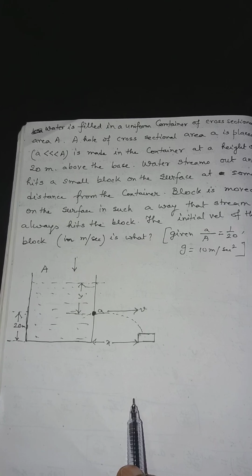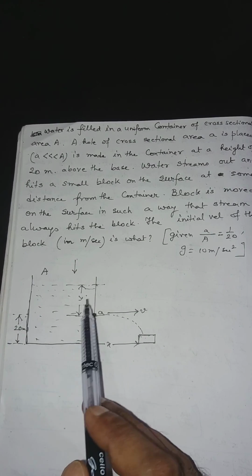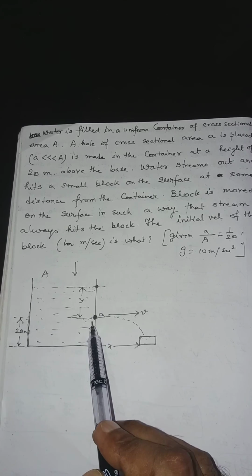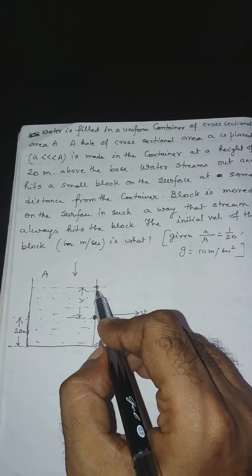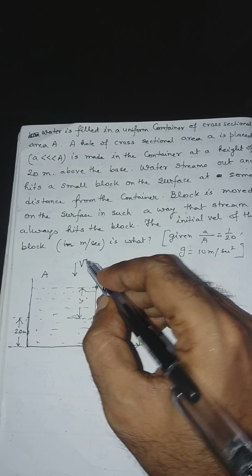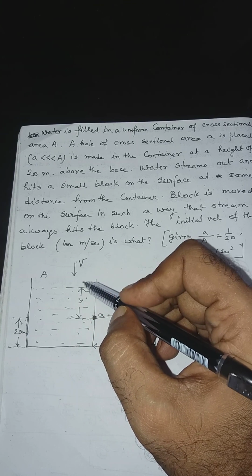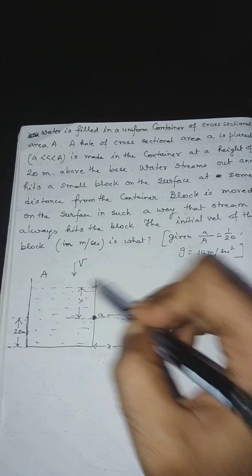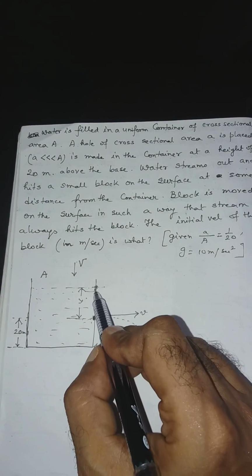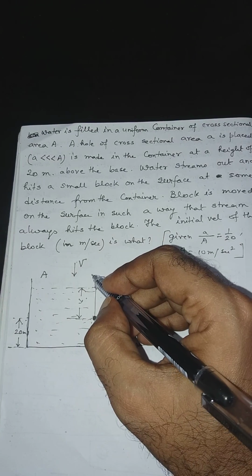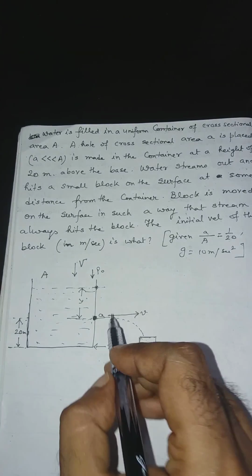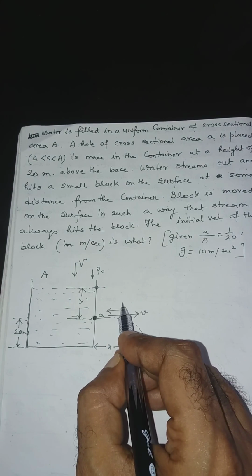Now first, we will use Bernoulli's equation for these two points. At the top point, we know very well that suppose capital V is the velocity of the liquid which is flowing vertically downward inside the container. So at that point the pressure energy head will be P0, and here also the pressure energy head will be P0.